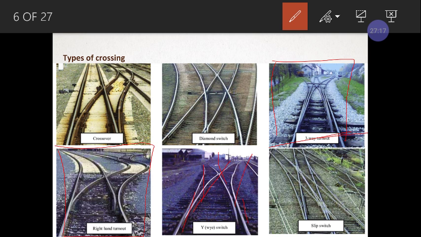That makes the shape of an inverted Y, so that type of crossing is called a Y crossing. Next one is slip crossings. In this case, you are trying to cross a large number of crossings. There is not only one crossing you are going to cross, there are n number of crossings you are going to cross. That type of crossing is called a slip crossing.